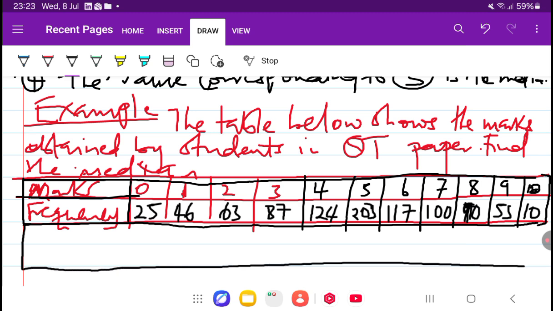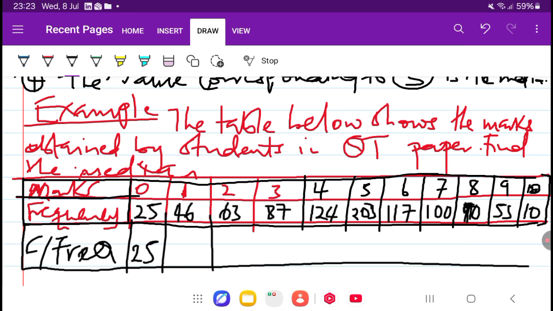Of course, we can just add in here a column for cumulative frequency. So how do we get the cumulative frequency? We just get the frequency, and then the first one, we maintain it. It's 25.